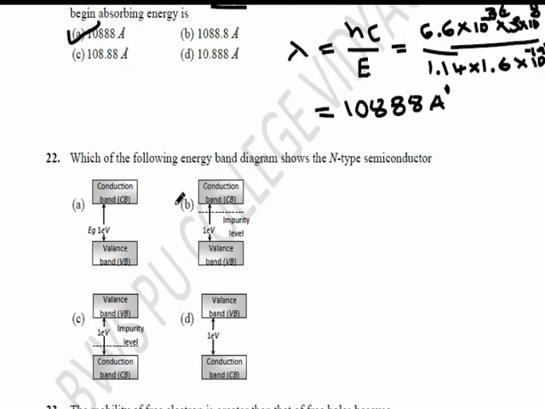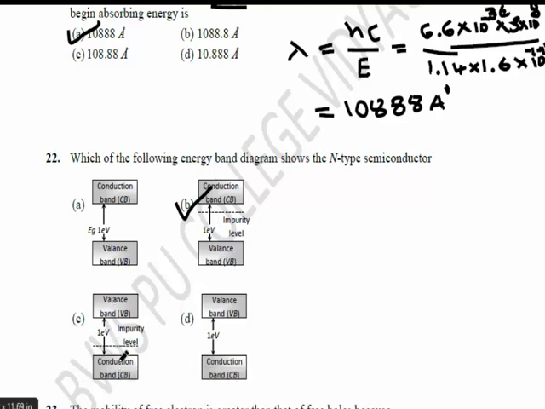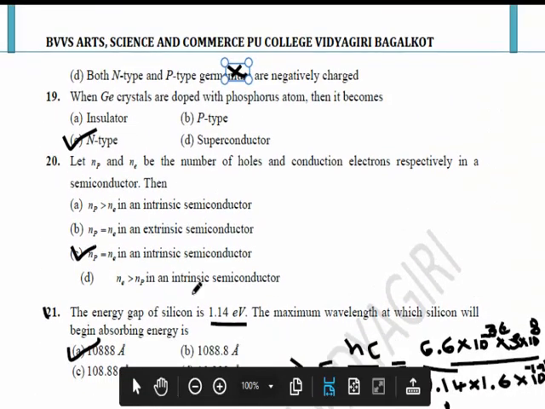Towards the conduction band means n-type. Towards the valency band means p-type. Here C is also maybe a correct option, but look at the diagram, whether the valency band is up or the conduction band is up. The valency band is never up.